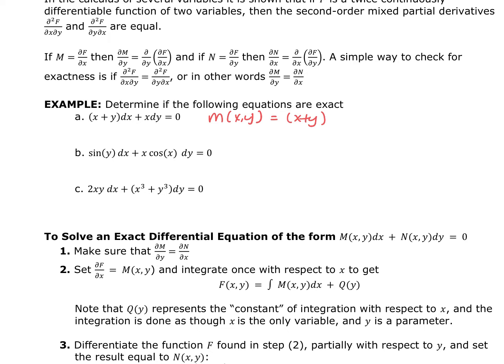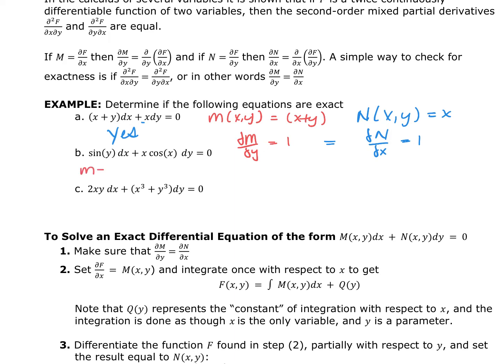That means my N of x comma y must be this function of x. Now we just take the derivative with respect to x and with respect to y. So I'm going to do the partial derivative of M with respect to y, and I get 1. I'm going to do the partial derivative of N with respect to x, and I get 1. These are equal, so these are exact.